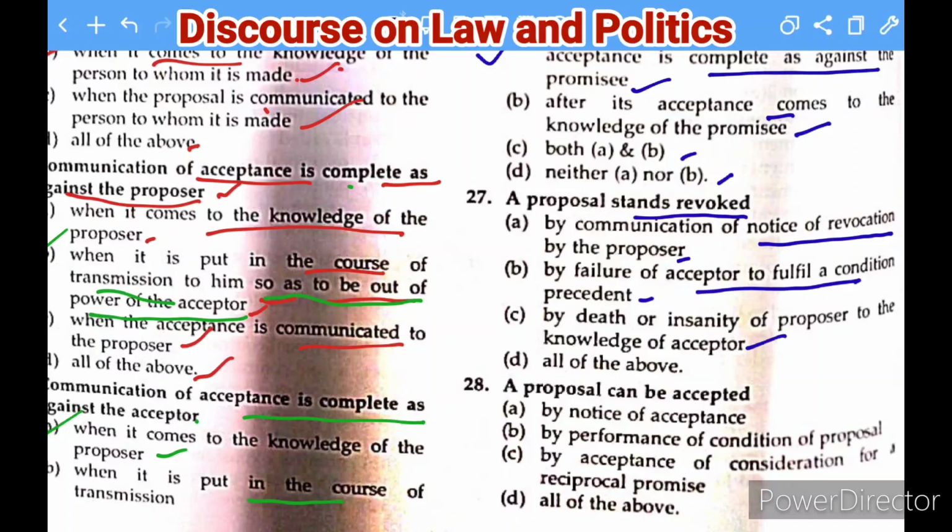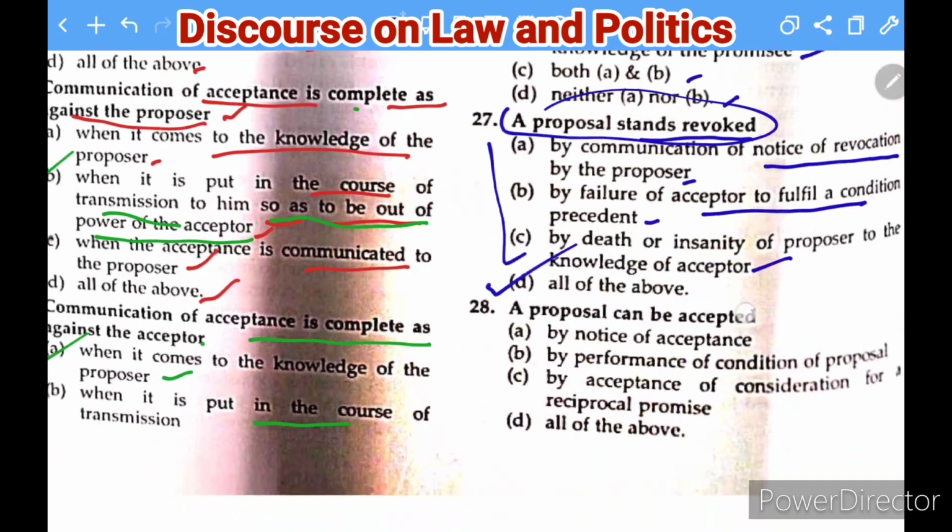Just give your answer. All these questions are very preliminary in nature. Yes, a proposal stands revoked in all these three cases. So when a notice of revocation has been communicated, failure of acceptor to fulfill a condition, and in case of death or insanity of proposer, then in all these cases, the proposal stands revoked. So the answer is all of the above.